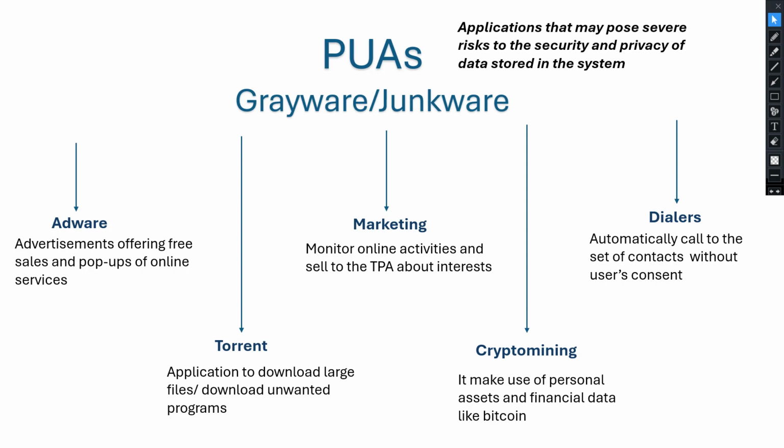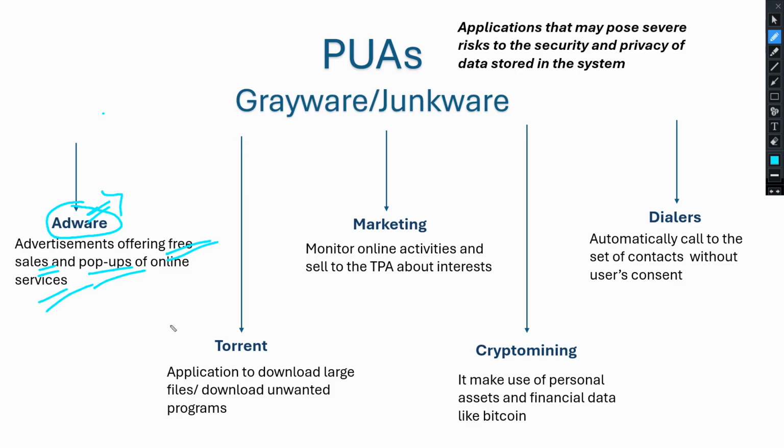Now let's start with the first one here. The types of PUAs are adware. As I told you, adwares are a kind of advertisement, advertisements offering free sales, pop-ups of online services.